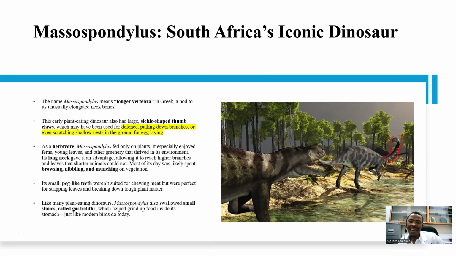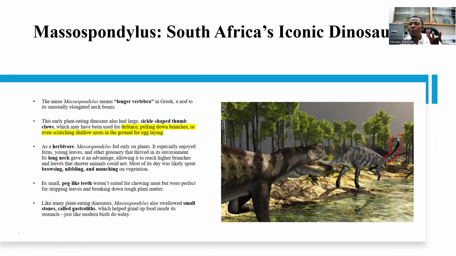These long necks gave them the advantage. How? Think of animals like goats, cows, cattle, or rabbits. These things are very small.